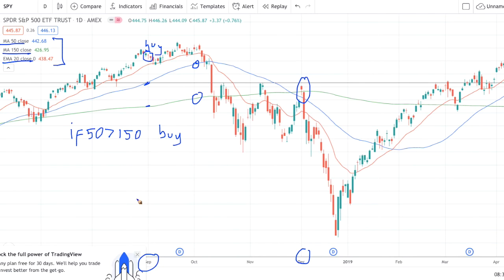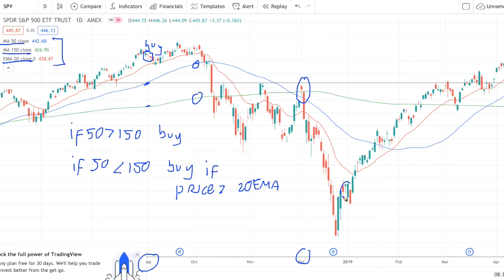So if the 50 is below the 150, we only buy if the price is above the 20 EMA. Meaning, if the blue is below the green and the price is still above the red, then we buy. In this case, we would have bought.